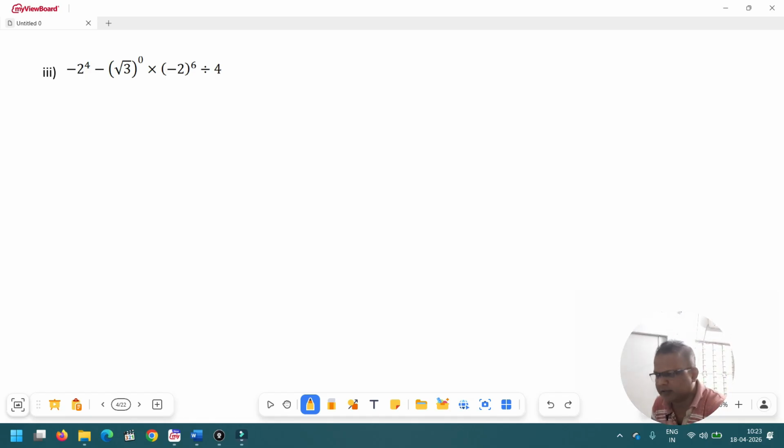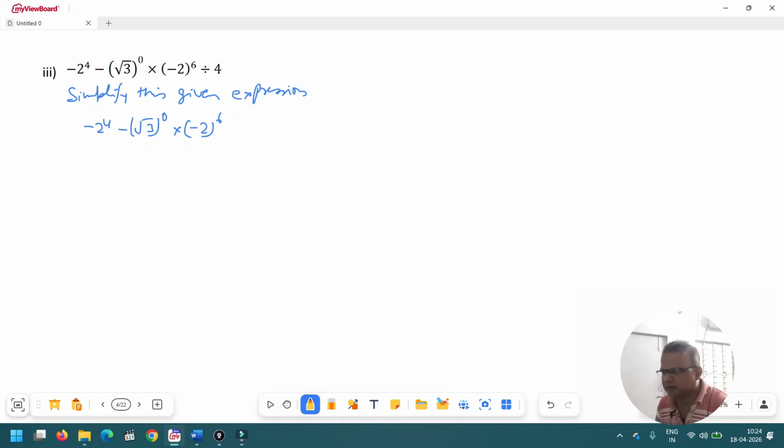Simplify this expression. Try this given expression, and that is minus 2 to the power 4 minus root 3 to the power 0 into minus 2 to the power 6 divided by 4.